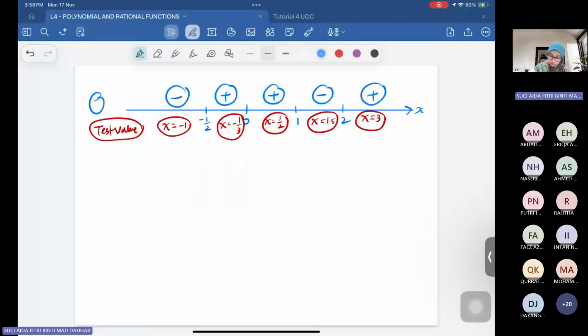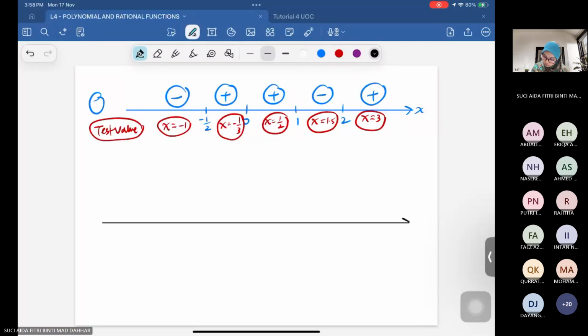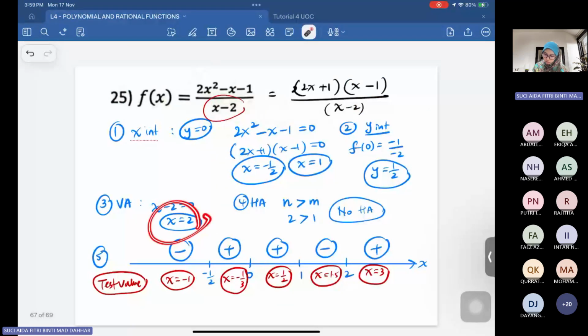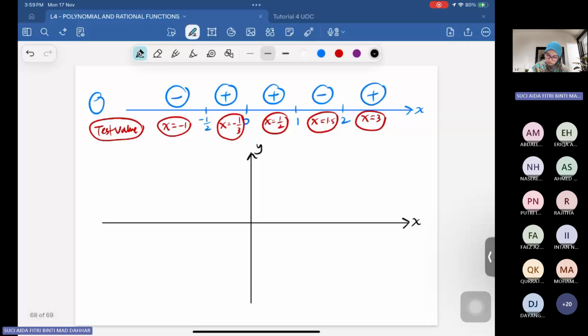We don't have horizontal asymptote, right? X, Y. But we have one vertical asymptote at 2, here, x equals to 2. But the graph will cut at 1 and at negative half.